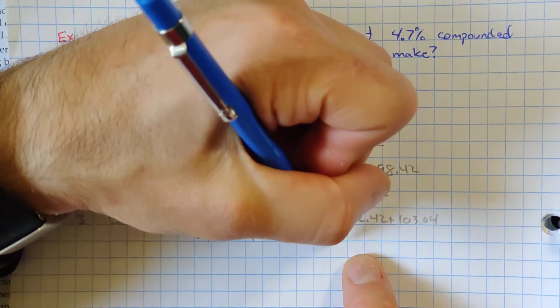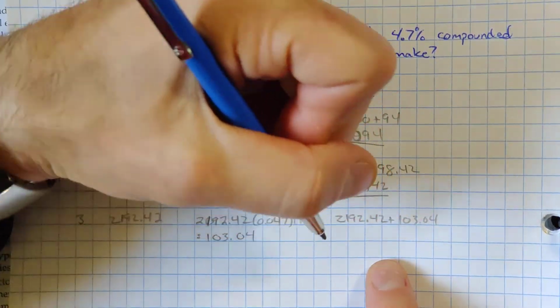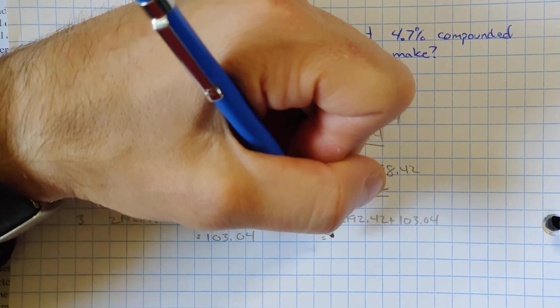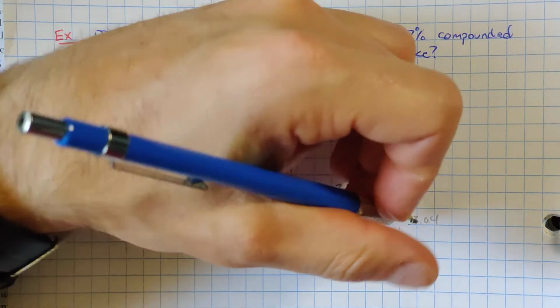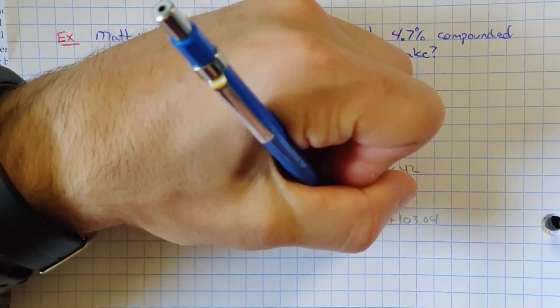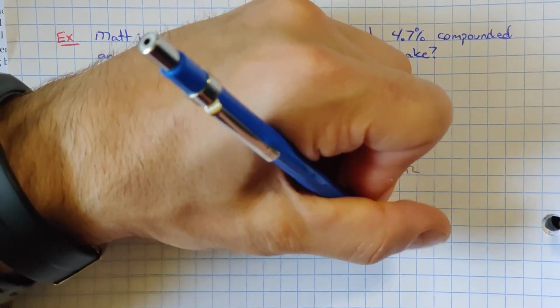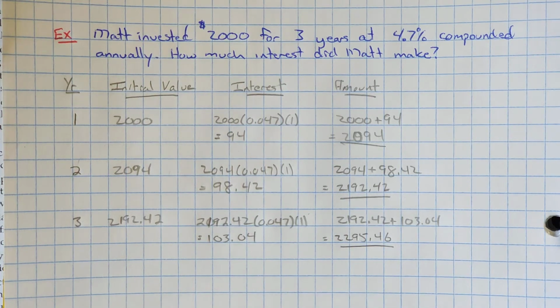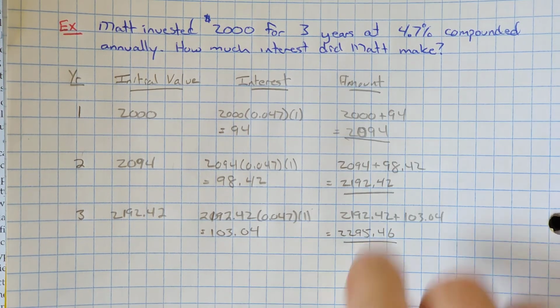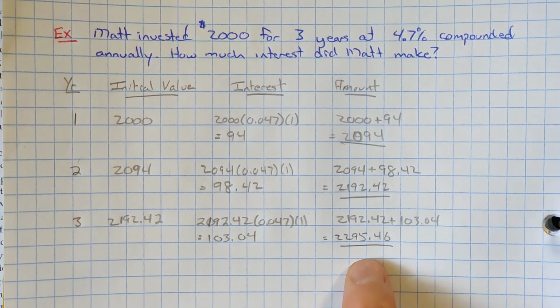So let's find out his final amount here. This will give us his final amount, which is 2,192.42 plus 103.04, $2,295.46. So he's made a few bucks extra based off compound instead of simple interest.